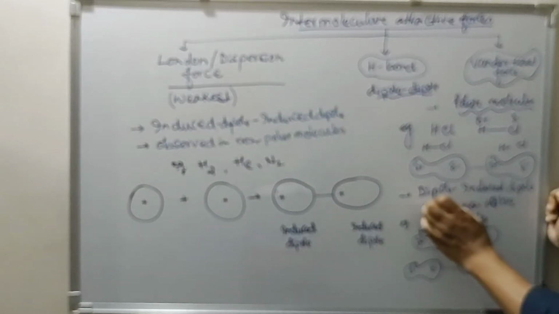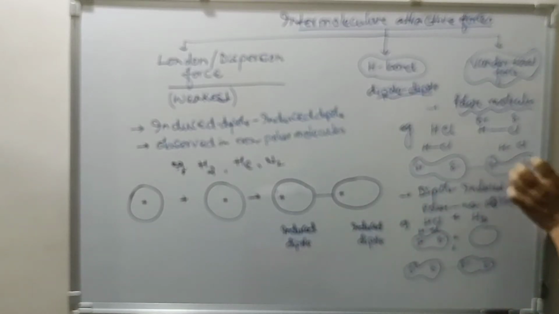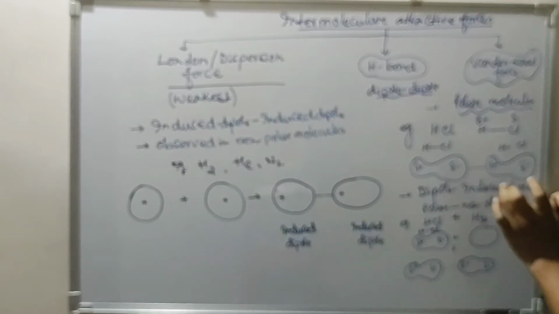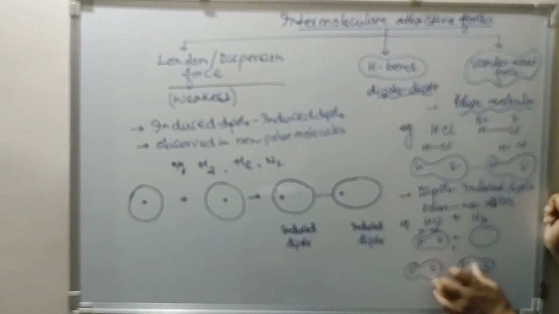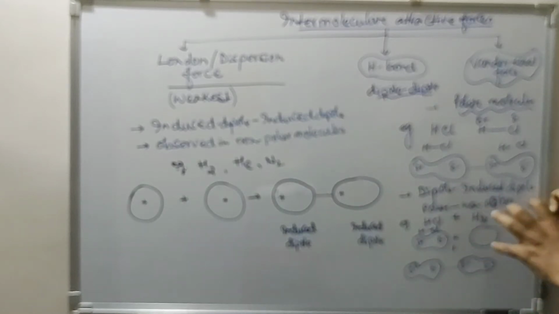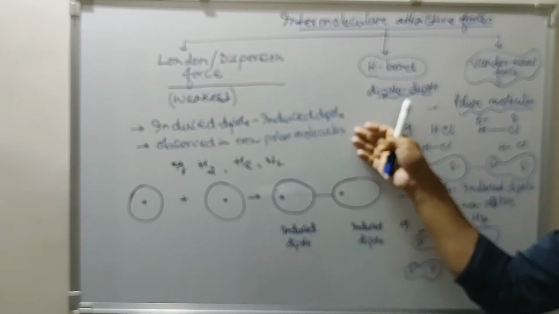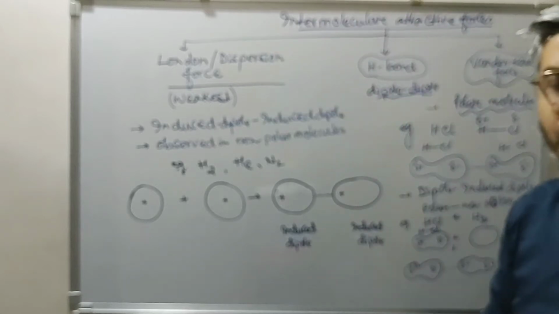The polar molecule introduces a temporary dipole in the non-polar molecule, and an attractive force between the opposite ends of the dipole takes place, which is known as dipole induced dipole. In any given molecule we can have these types. If the molecule is non-polar, we have induced dipole, the London dispersion force, which is the weakest.